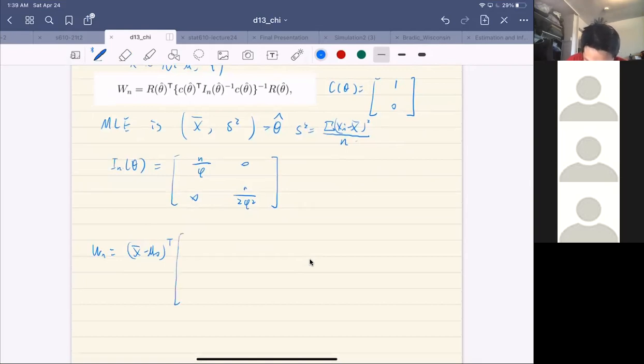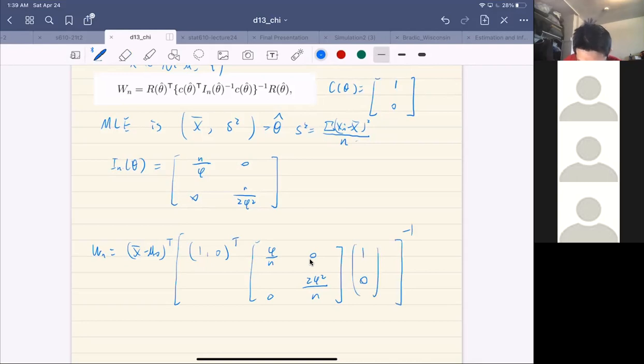This is C theta, so it's 1 0 transpose, times I_n theta inverse, so it's the inverse of this, n over phi squared, then 1 0, and then X bar minus mu naught.